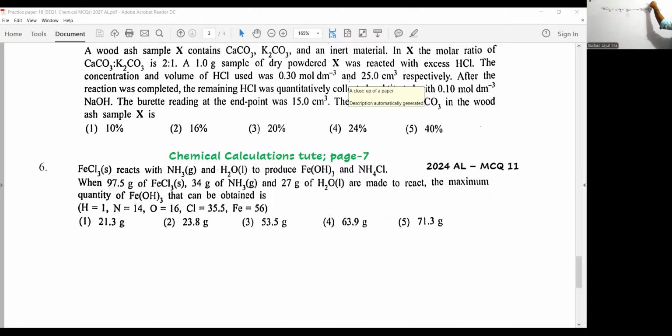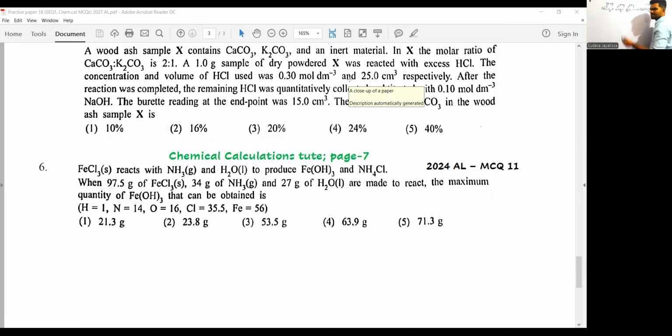And it says this amount of grams from each reactant is used. From FeCl3, 97.5 grams. From ammonia, 34 grams. And from water, 27 grams.